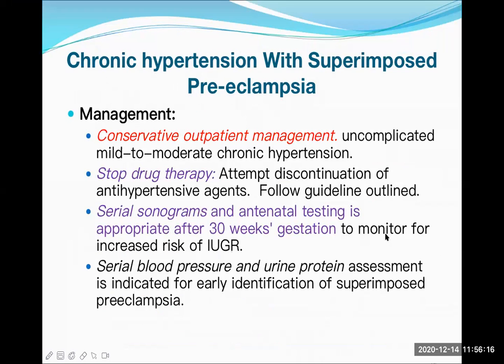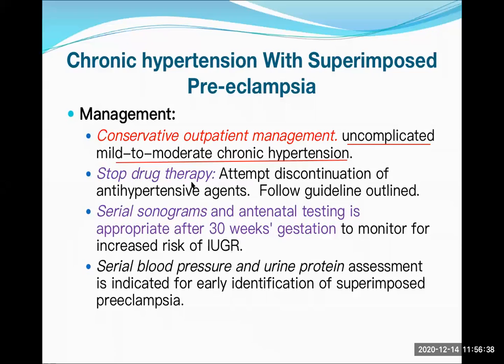Now, what are the other parts of the management? Conservative outpatient management can be done in uncomplicated mild to moderate chronic hypertension. Simple blood pressure is high, no target organs are damaged, we can go for conservative OPD management.